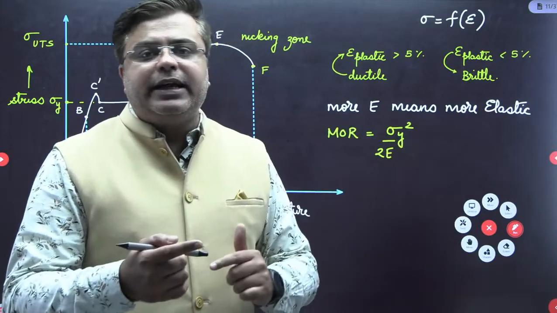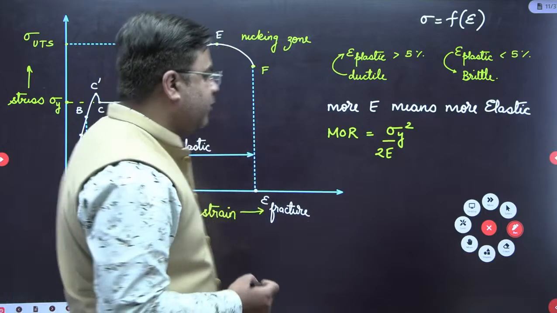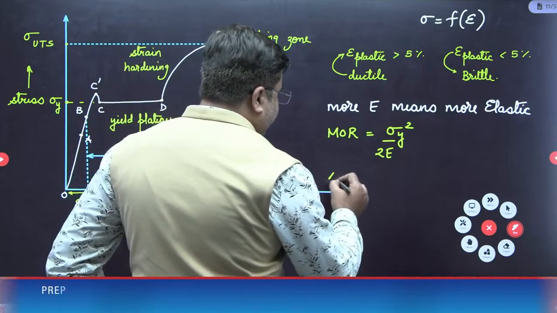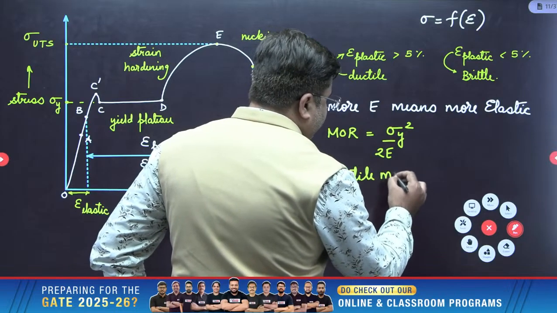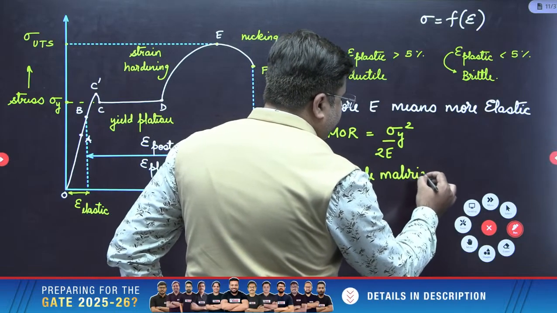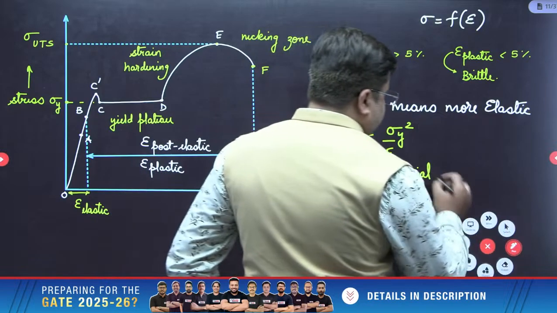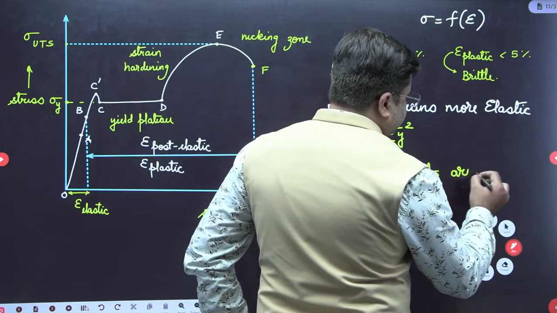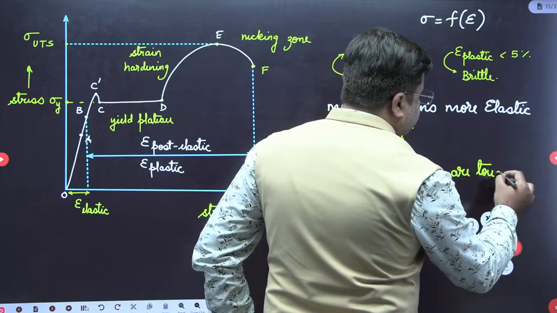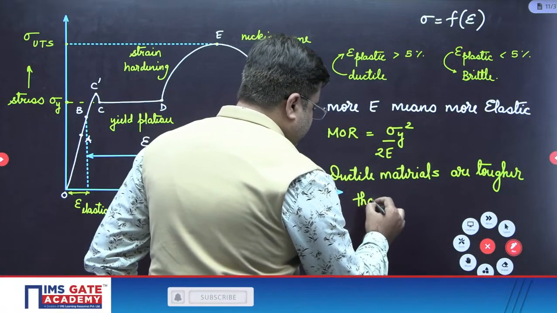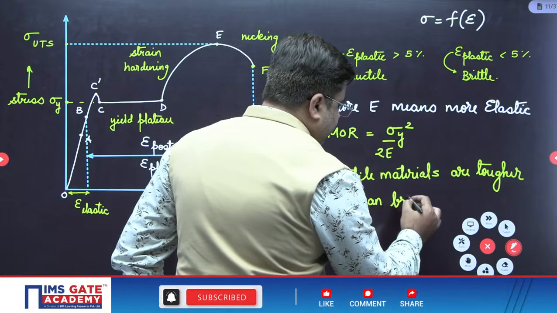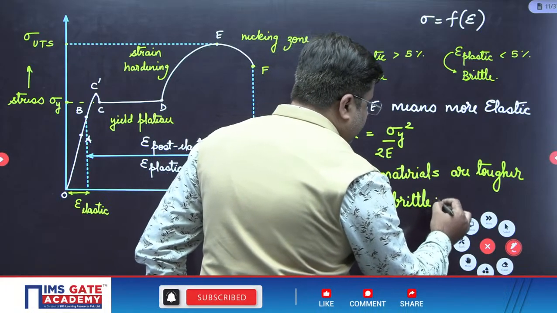Therefore, ductile materials are tougher than brittle materials.